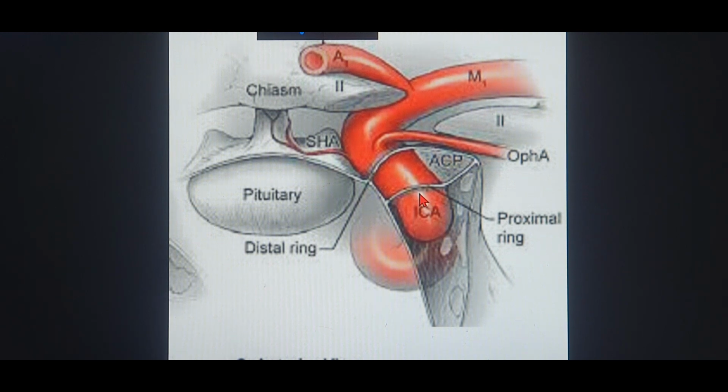So that dura actually prolongs medially and forms the proximal dural ring. Similarly, the distal dural ring is present as a medial prolongation of the dura mater, which is a continuation of the falciform ligament, which you can see lying above the optic nerve. So this is the basic anatomy.